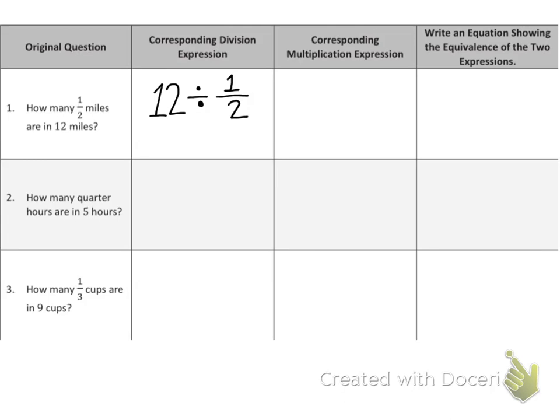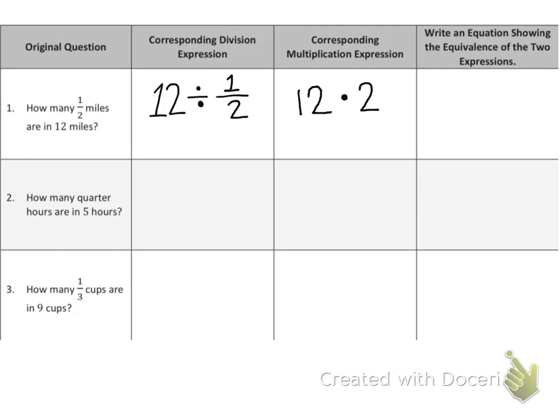Right here on this problem, number 1, that's the same one we just did. The purpose of this portion is for you to see the relationship between division and multiplication. We already know how many half miles are in 12 miles. We write that as 12 divided by 1/2. And I already showed you that the multiplication expression is written as 12 times 2.